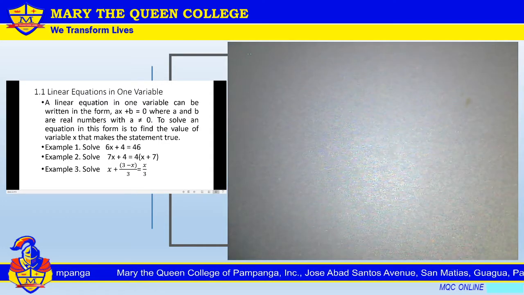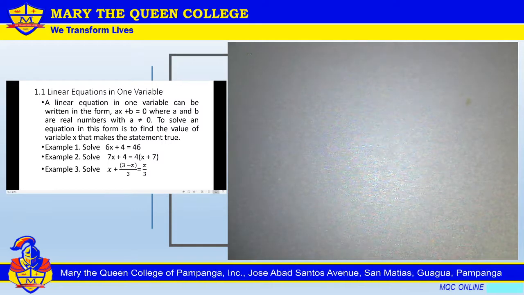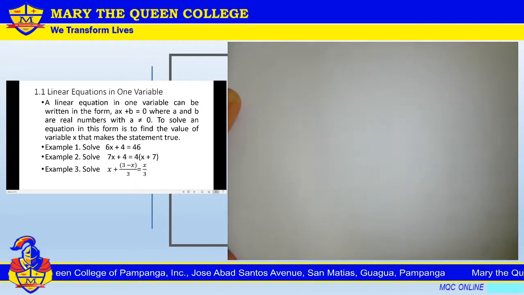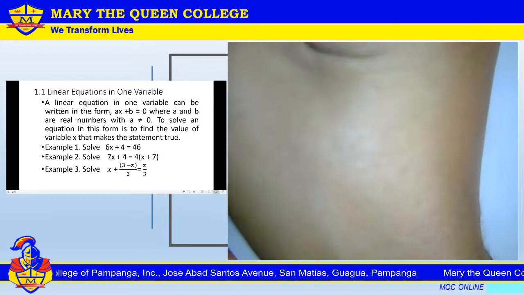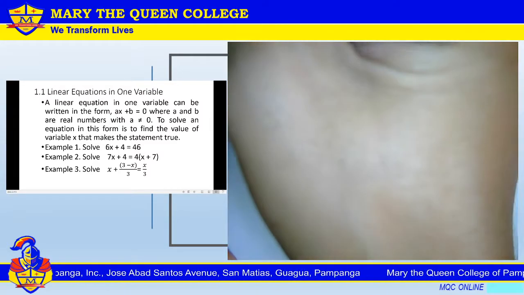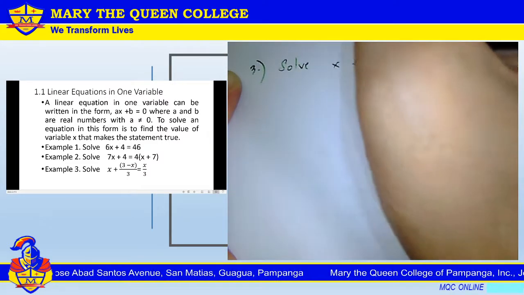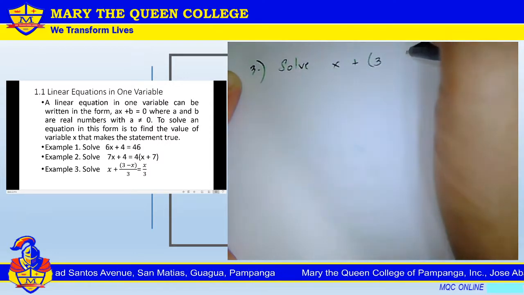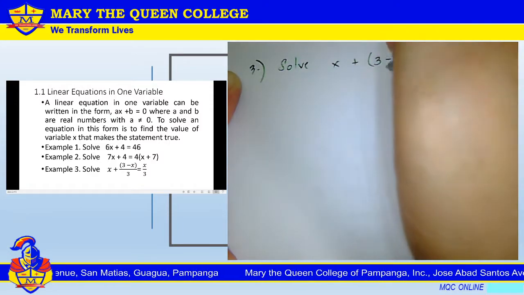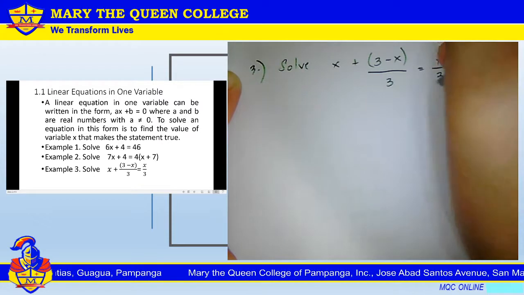Okay. So for our third example, we have example number 3. Solve x plus, take note, we have rational expressions in between, the equation is equal to x over 3.